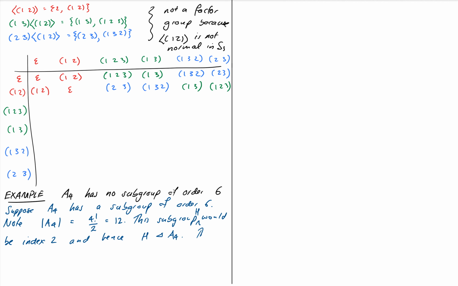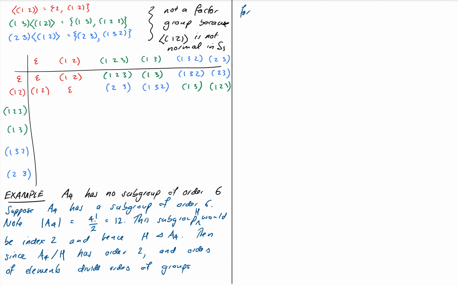Then, since a quotient group, which will be A4 divided by my subgroup H, has order 2, and orders of elements divide orders of groups, the two cosets in this quotient group must both be order 1 or 2.